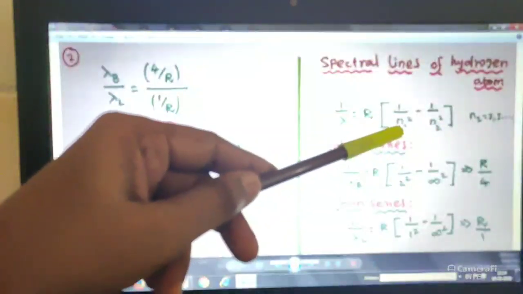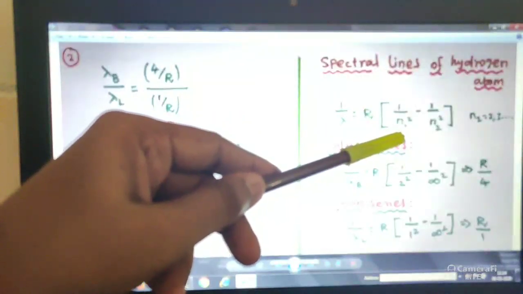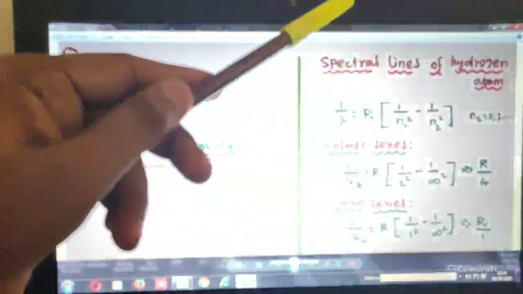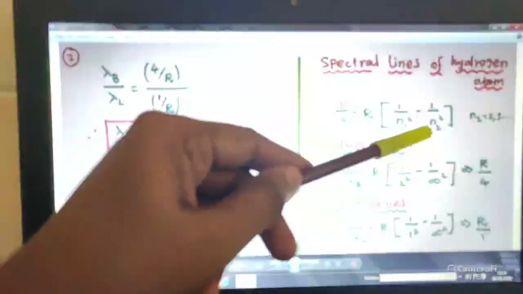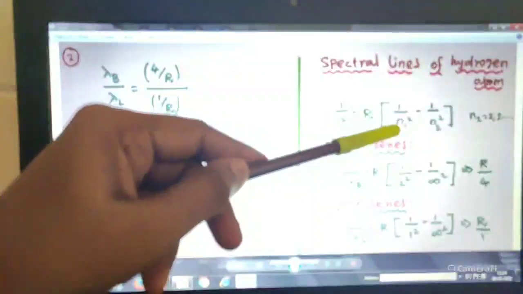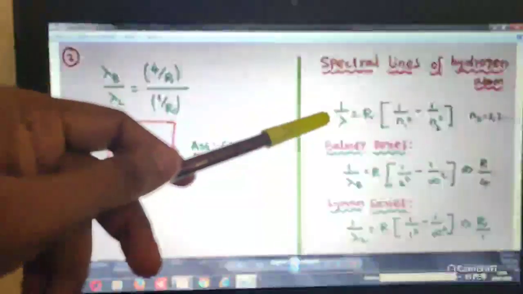N1 represents that particular series, as I already told you: Lyman means 1, Balmer means 2, like that. Then N2 represents the very next level, so commonly N2 is 2, 3, 4, etc. This is the common formula.